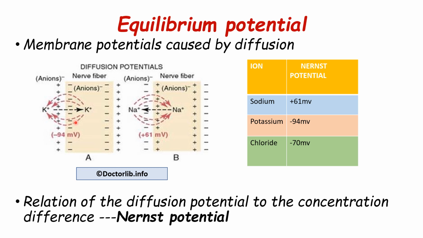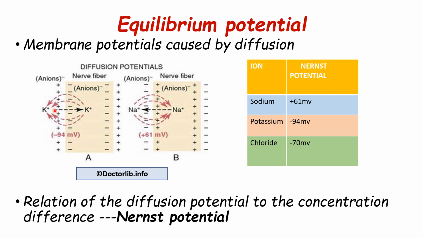After some time, when a lot of potassium has moved out, the outside becomes positive, and this positive charge will start repelling the positively charged potassium, because an electrical gradient has been created outside the cell.